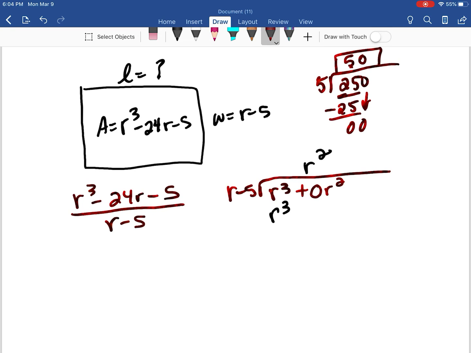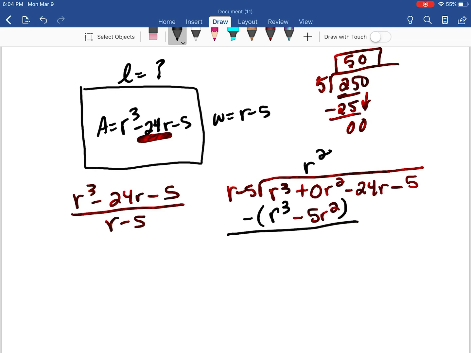In this case, I don't need a 0r because we already have minus 24r and then minus 5. So when I multiply r squared times r minus 5, that becomes r cubed minus 5r squared. Now I'm going to subtract this whole binomial from the top. Remember that the negative needs to be distributed to the r cubed and the minus 5r squared.